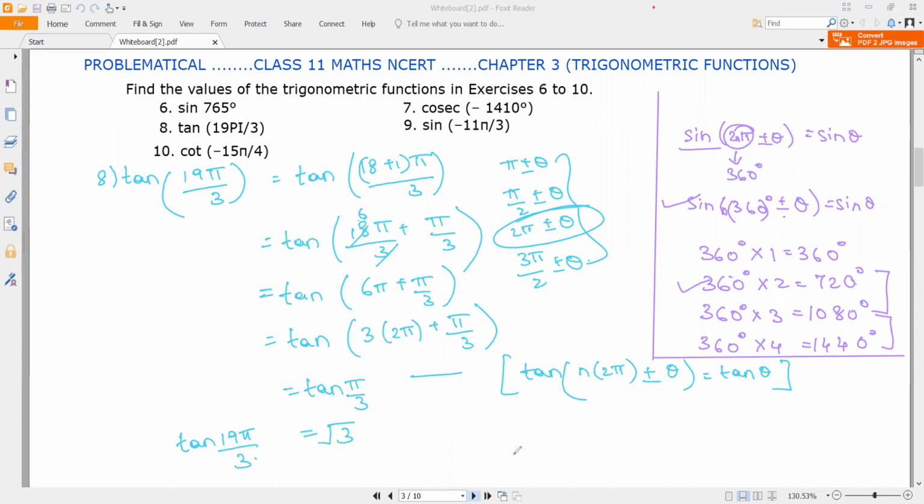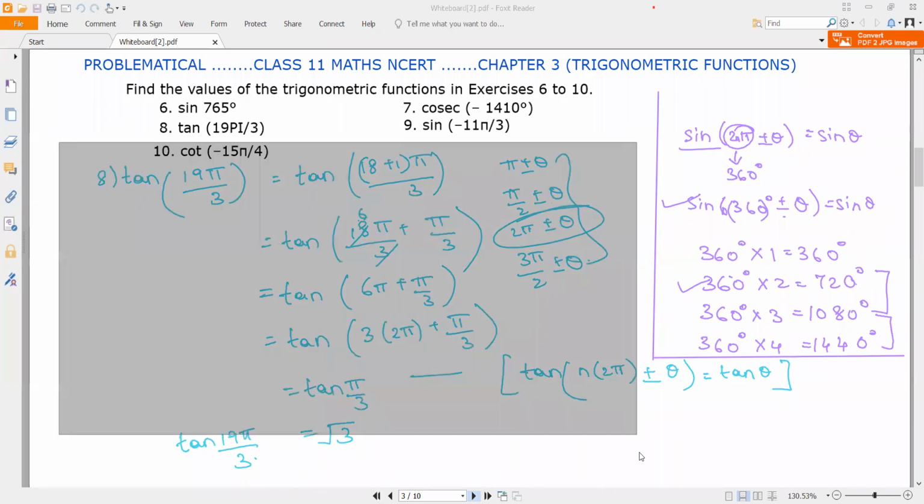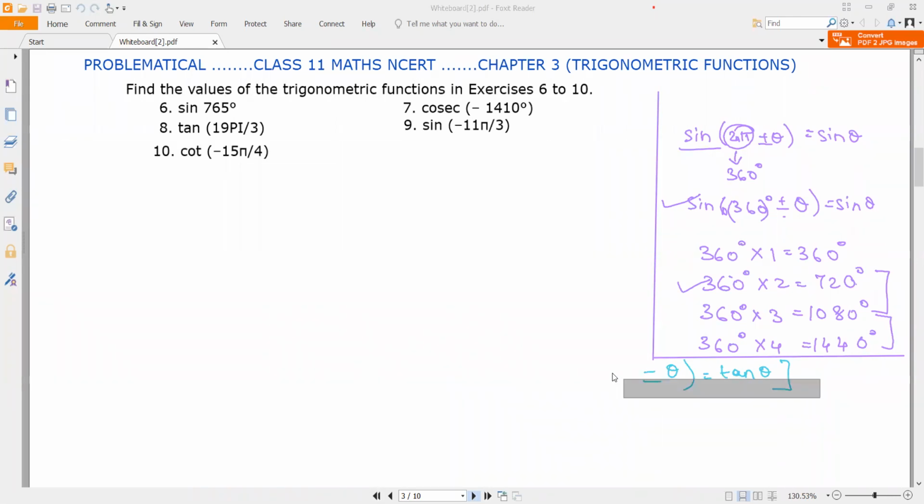Next, you are supposed to calculate sine of minus 11 pi by 3.